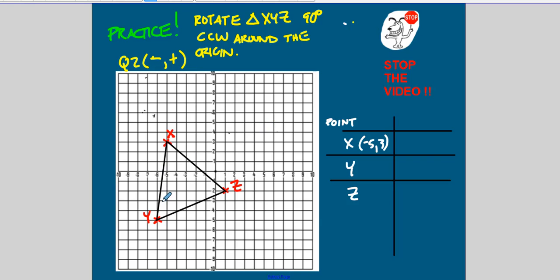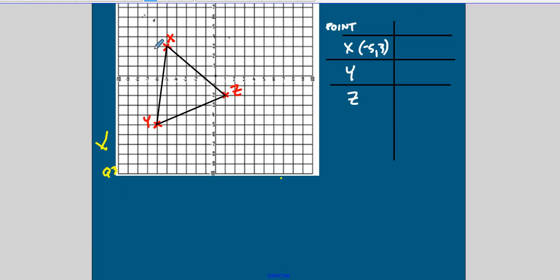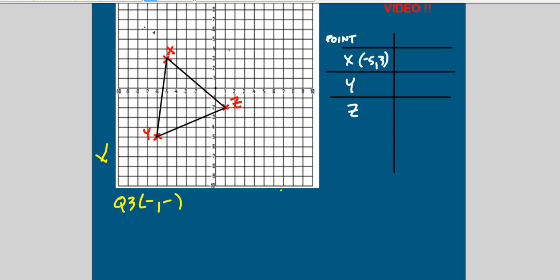We're going counterclockwise, so X is in quadrant 2, and X prime is going to be in quadrant 3. We're moving it from 2 to 3. Quadrant 3 is going to be negative, negative.